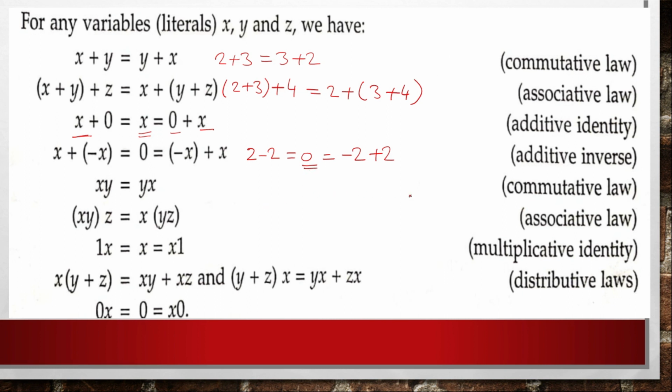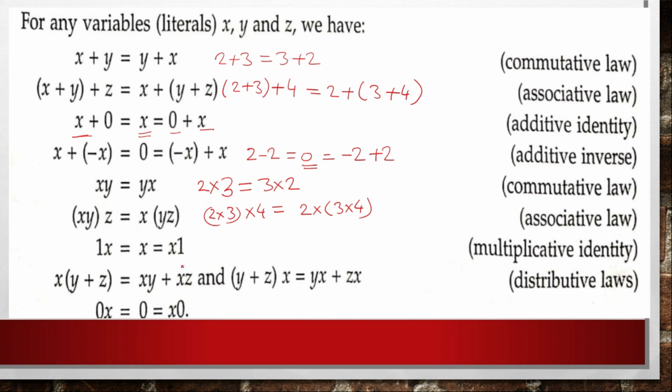For multiplication, the commutative law is: if I write x into y, the answer will be the same as y into x. Suppose I write 2 into 3, the answer will be the same as 3 into 2. Next, the associative law. If I write (2 into 3) into 4, the answer will be the same as 2 into (3 into 4).